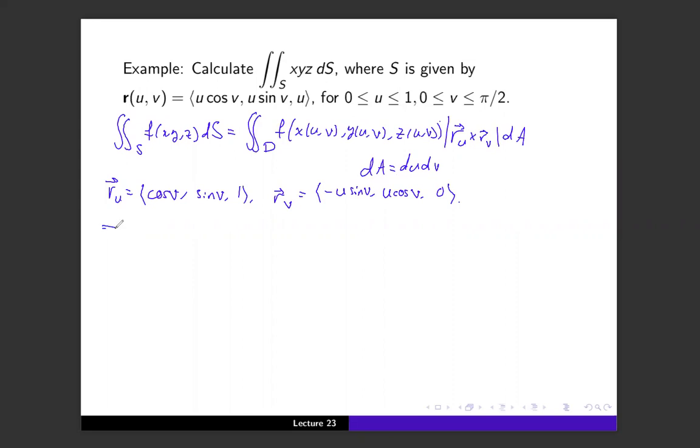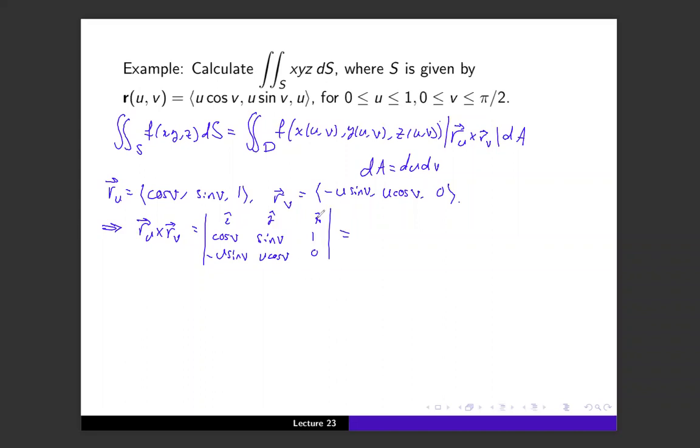So you take the cross product of these things, r_u cross r_v. So you've got your usual i, j, and k, your cosine v, sine v, 1, negative u sine v, u cosine v, 0.